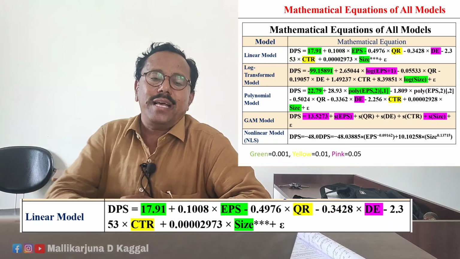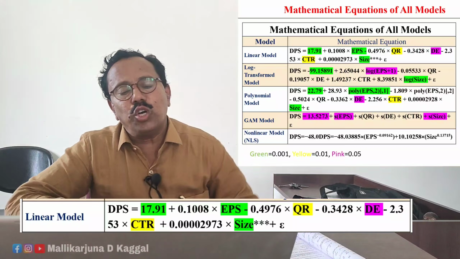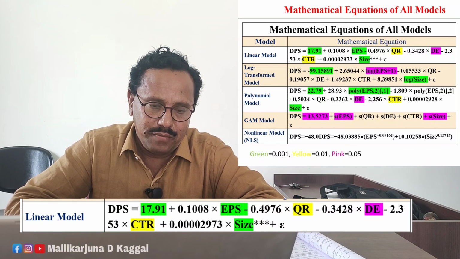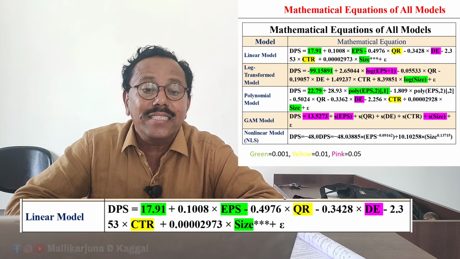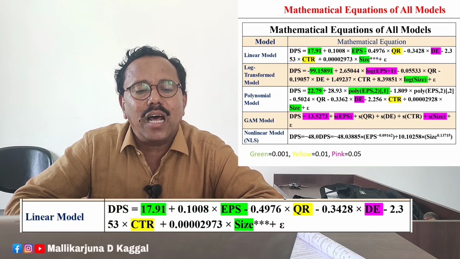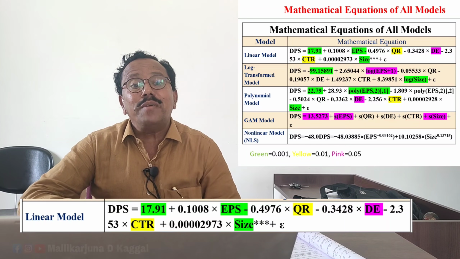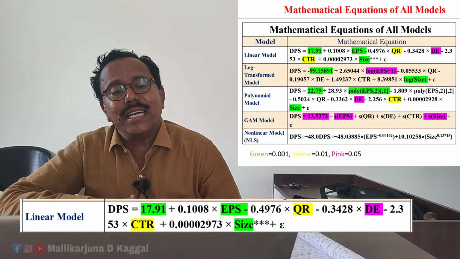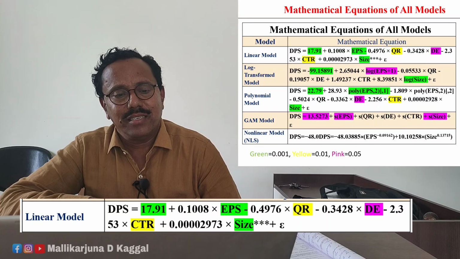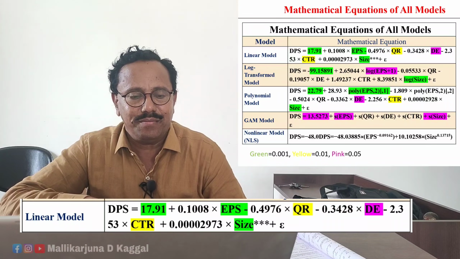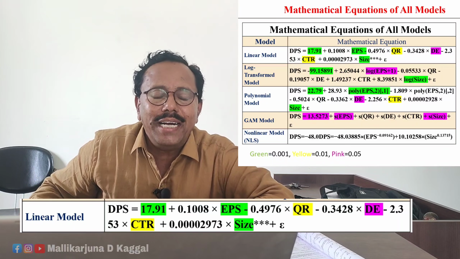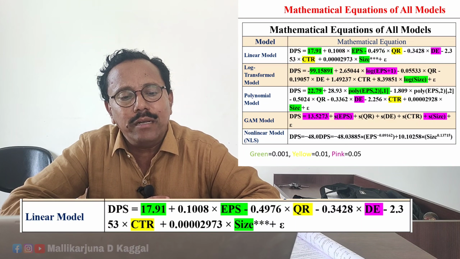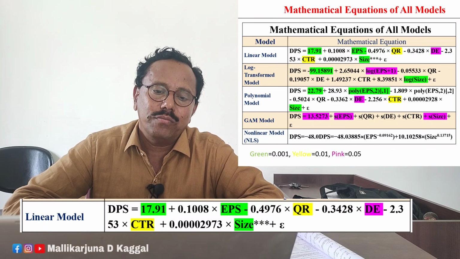In our SAPM, security analysis and portfolio management, while doing performance evaluation models, one model is Jensen's alpha. Jensen's alpha measures the management's ability. Whichever firm's alpha is high, we say that firm's management ability is high, nothing but internal efficiency is high. So that 17.91 contributes positively to the DPS when the contribution of all independent variables is 0.